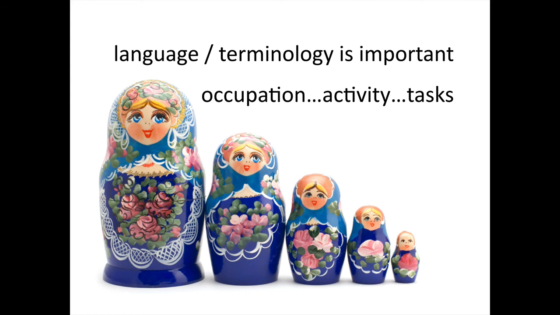And I also think it's worth thinking about in terms of the whole idea that there are differences between occupations, activities, tasks, movements, etc. And often in occupational therapy, we use those terms interchangeably. And sometimes that's very deliberate because of the audience we're talking to. But I also think it's really important for us to start being much more precise about the terms we're using, because as you've just seen and as you've read in the book chapter, in the literature, these things are different. And so I think we need to start being very clear about that.